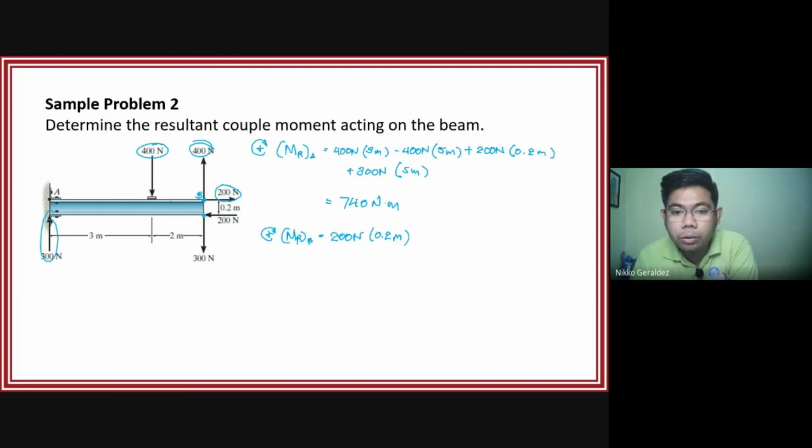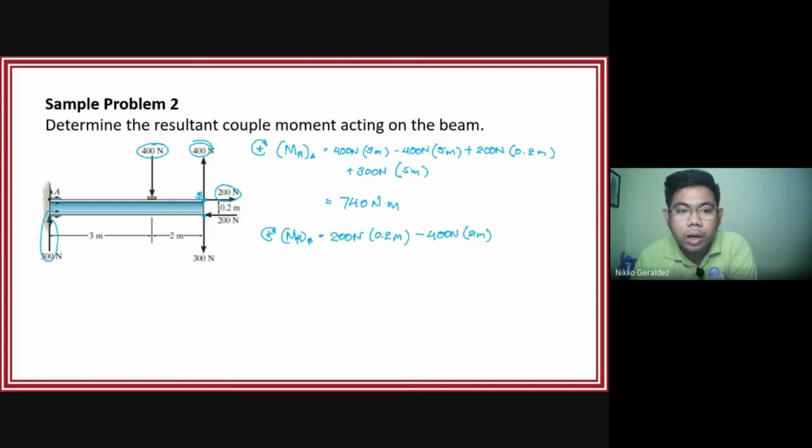Then, 300 Newton. Yung line of action niya mag-intersect doon sa moment center natin at P, so zero moment. Then, 400 Newton downward, that is a counterclockwise moment, so negative 400 Newton times 2 meters, the perpendicular distance.